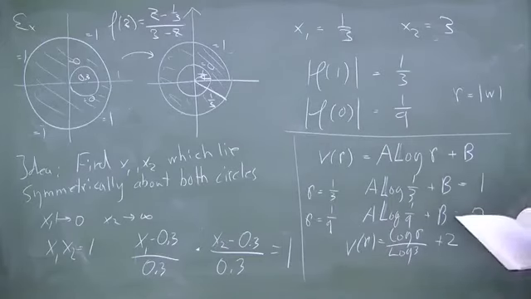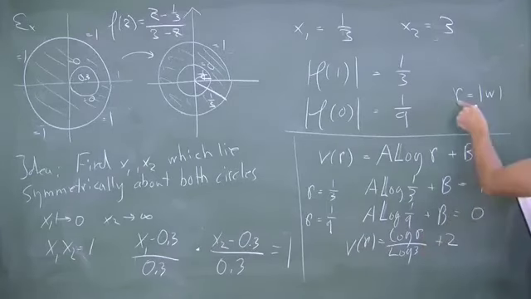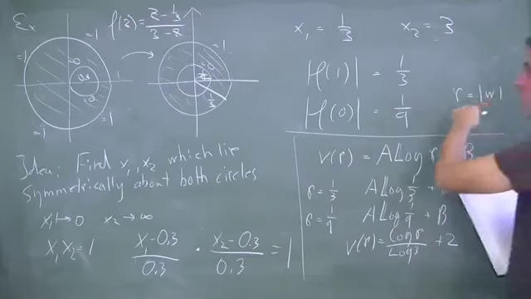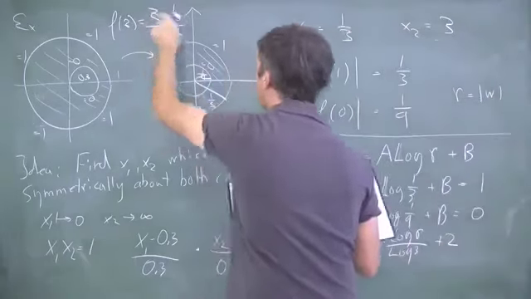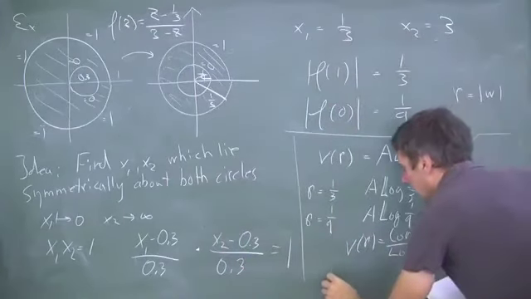Which then means that if you now insert, instead of r, the absolute value of w, which is the absolute value of this expression, you get finally the solution to the problem.